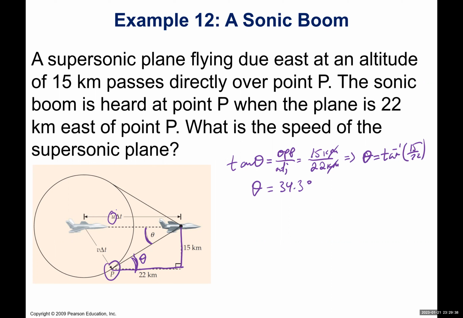kilometers distance. So we can represent this as sine of theta equals V delta T, which, remember, represents the distance for the sound to reach position P, divided by the distance that is covered by the plane, which, let's take U to represent the speed of the plane, will be U times delta T. The delta T is exactly the same for both.